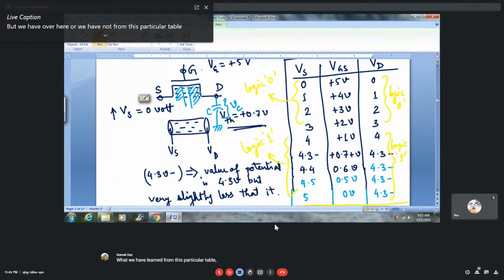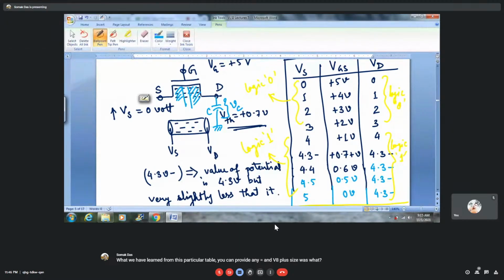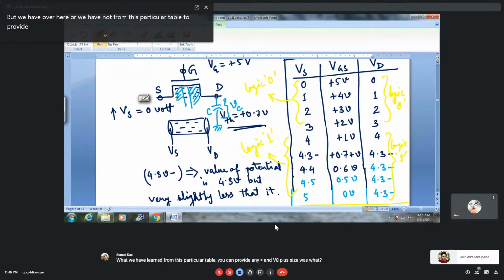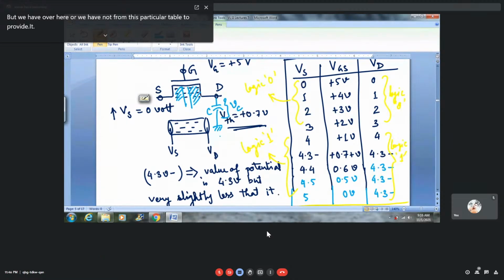If you provide VG equals plus 5 volts and VS equals plus 5 volts, what will be the VD potential?